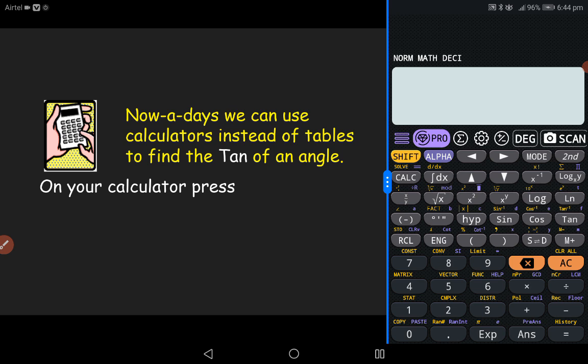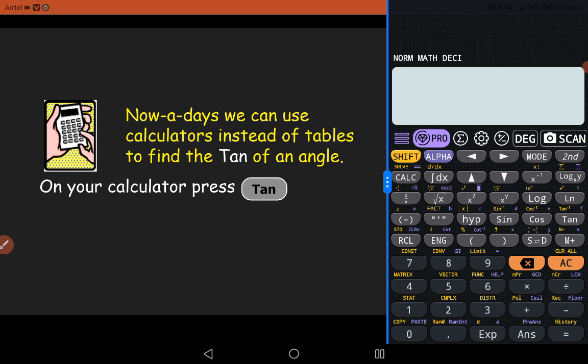So on your calculator, let's do this together. For you to find the tangent of an angle, you should be following. I assume you have a calculator with you. Press tan. Have you pressed tangent?